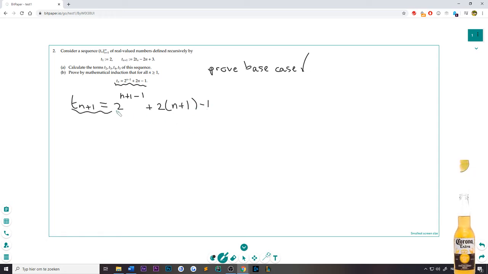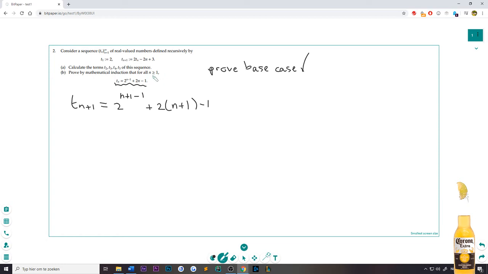And so this is basically the answer that we want to find, okay? So first thing you do is you need to prove by mathematical induction that for all n bigger or equal than 1, it holds, right?